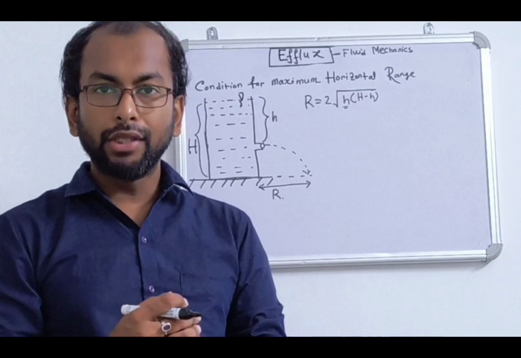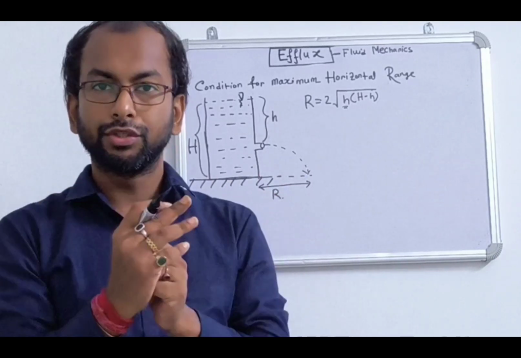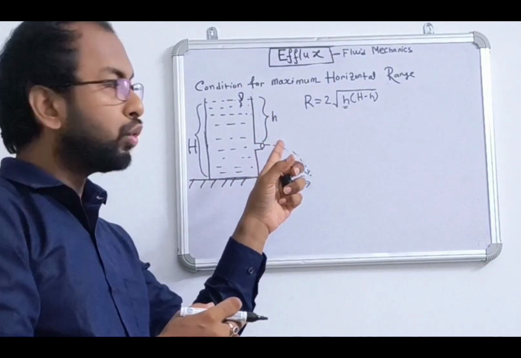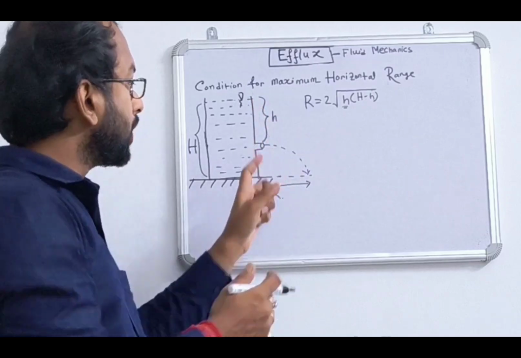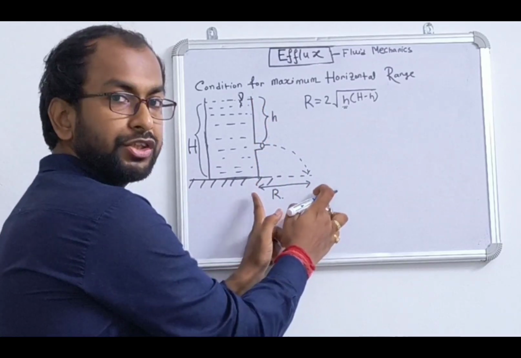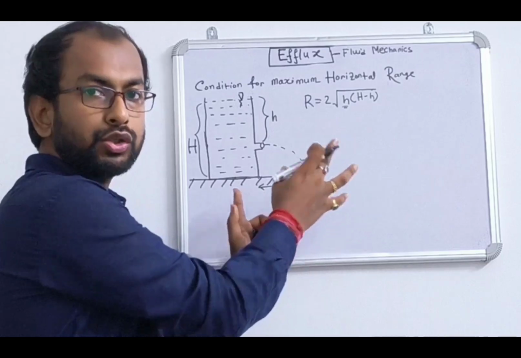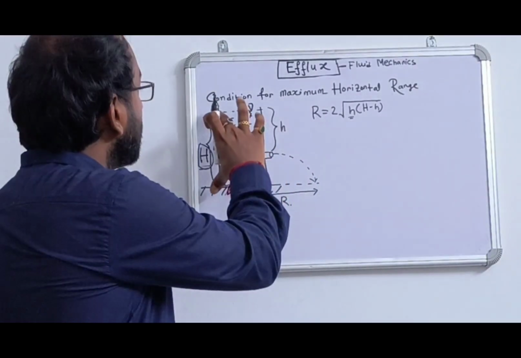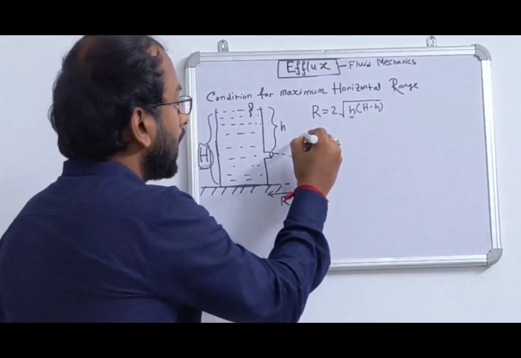Now the next topic is, what is the condition for having the maximum horizontal range? That means where should I keep the orifice or the hole from the surface level of the liquid so that I can get the maximum range, that means at the maximum distance this liquid will touch the ground. For a particular container, the height of the liquid, capital H, is constant.